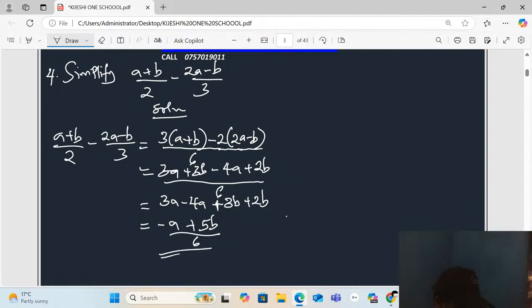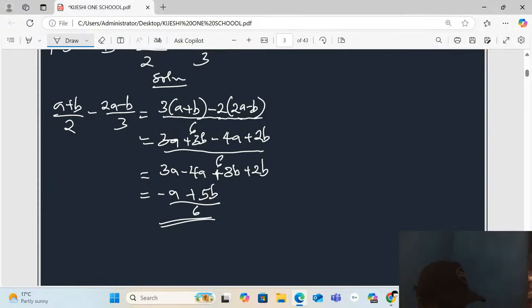That now becomes our simplified answer. So if you take a plus b over 2 minus 2a minus b over 3, your answer will be negative a plus 5b over 6. That is your simplified answer. Good.